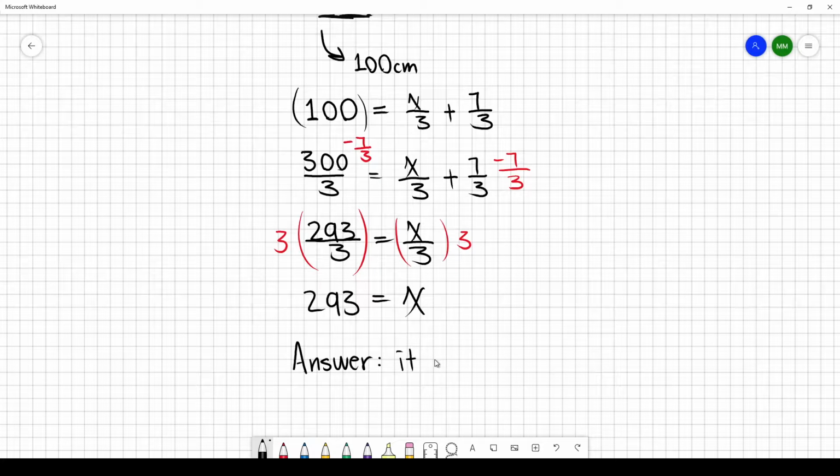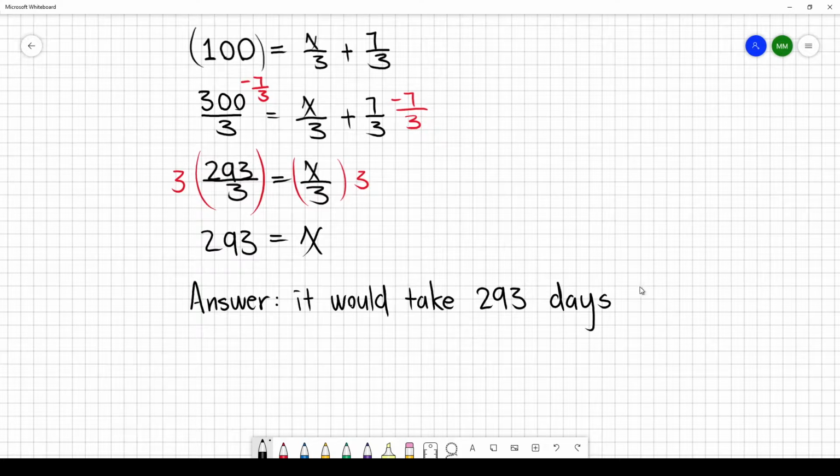So the answer: it would take 293 days for the plant to grow to 1 meter.